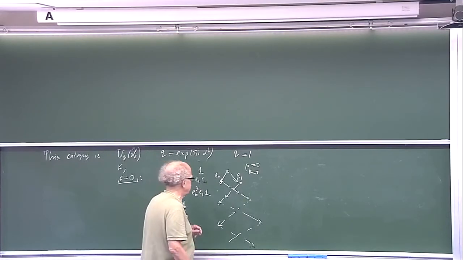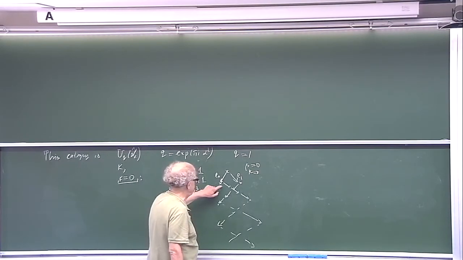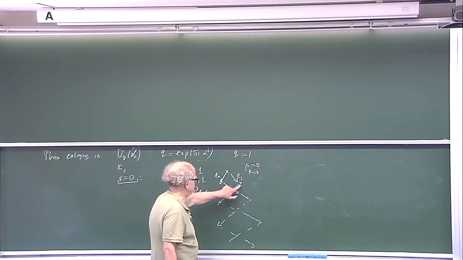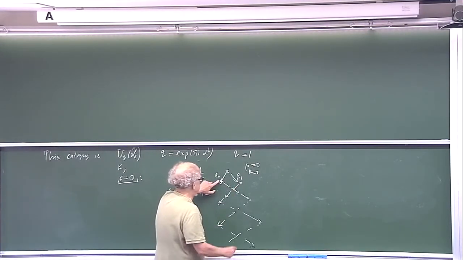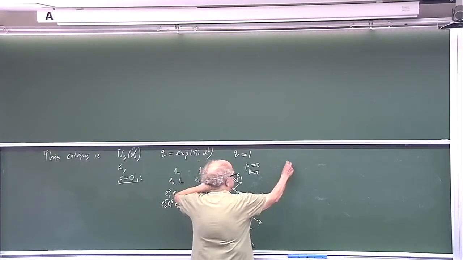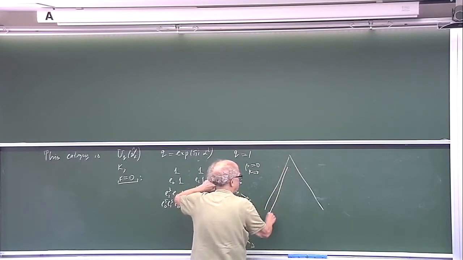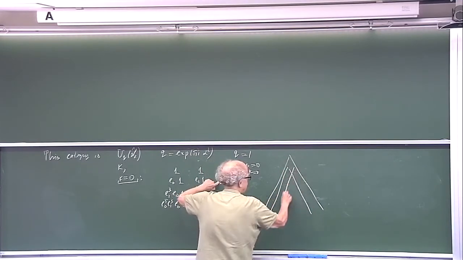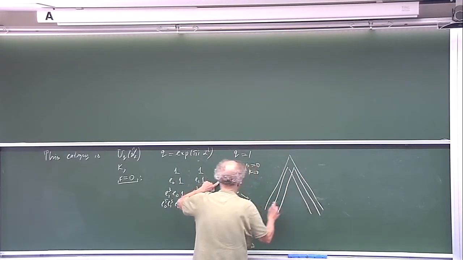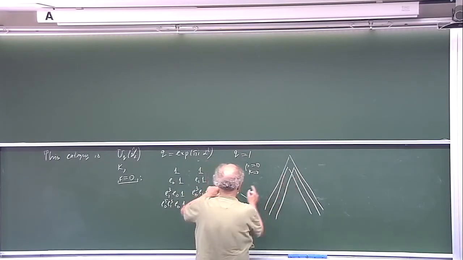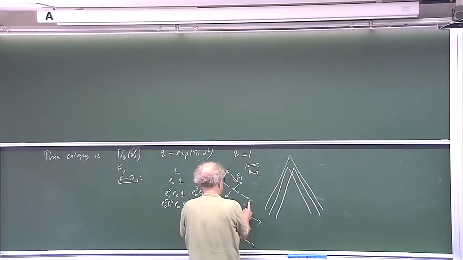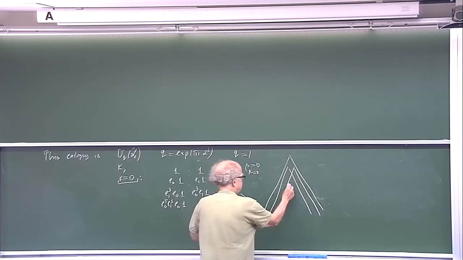And maybe the interesting story is that they are singular vectors, but the structure of the submodules is the following. It is a big one, then we have these two, which are generated by this, and the intersection of the submodules generated by these two is generated by these two.